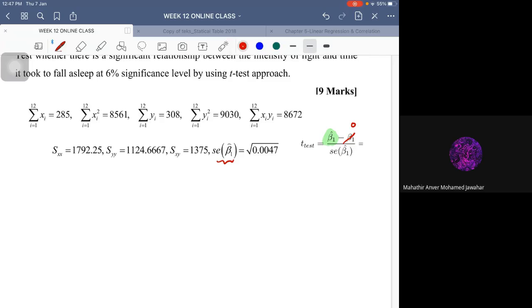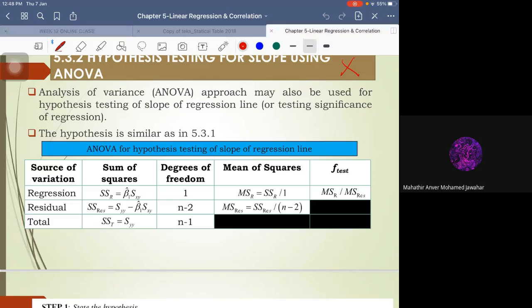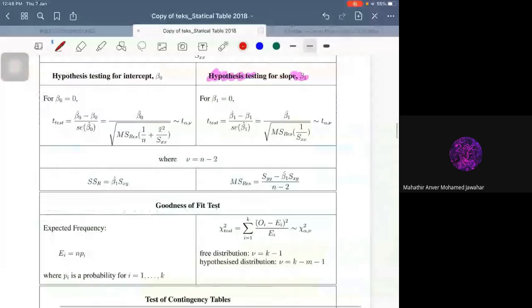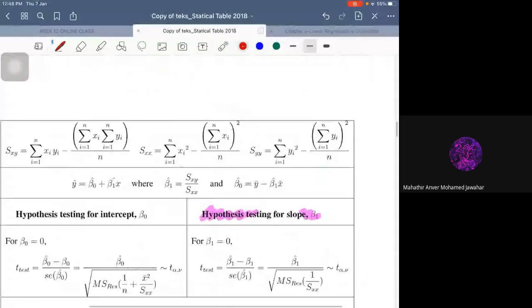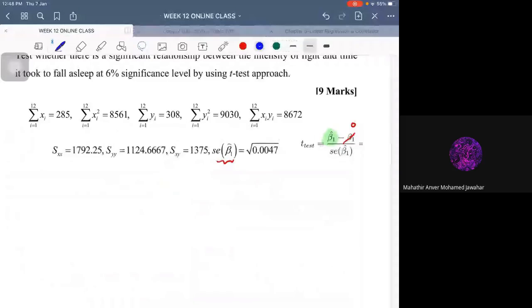We have done the calculation in the previous lecture, where I showed you step by step how to calculate beta 1. There is a formula over here. Beta 1 is given by Sxy over Sxx.